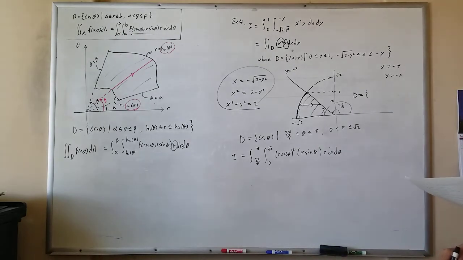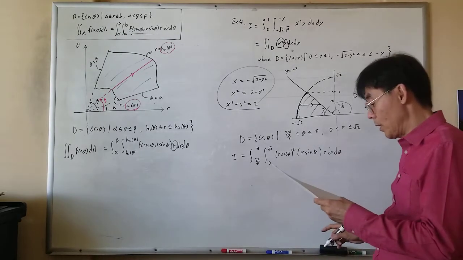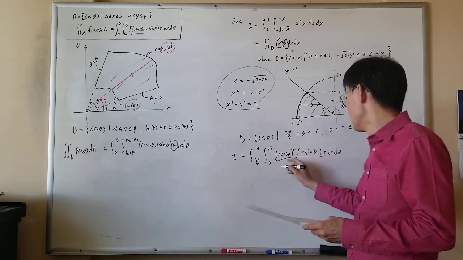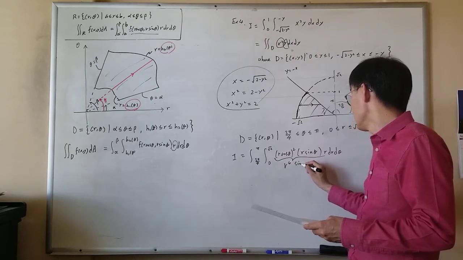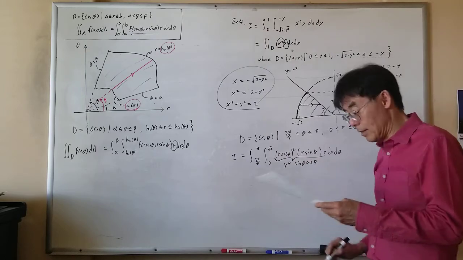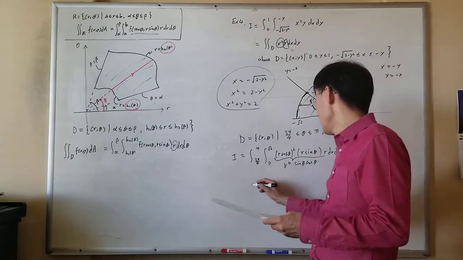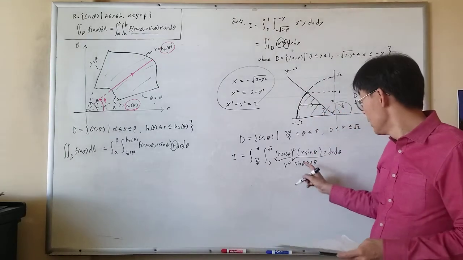Okay? So in the end, you're going to get what? r to the fourth, sine theta, cosine theta, isn't it? So this is again another separable function, right?